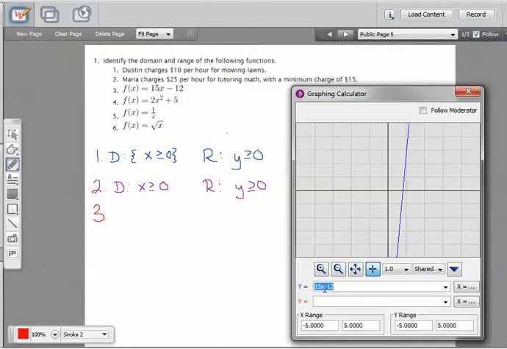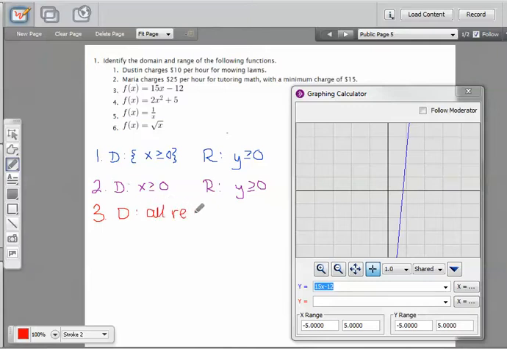There are no constraints for what my x values can be, and there is no bound on what my y values can be. So here we would say the domain is all reals, all real numbers, and the range is the same, all reals. We do have a linear function there, so the domain and range are all reals.